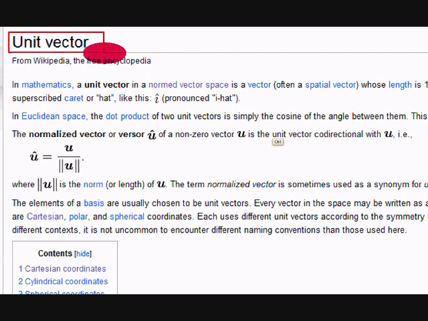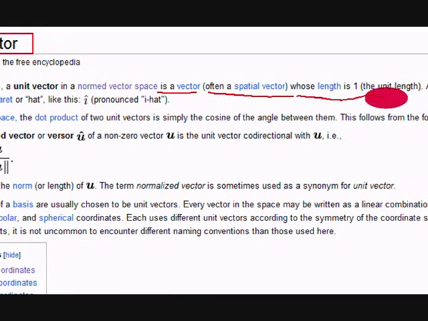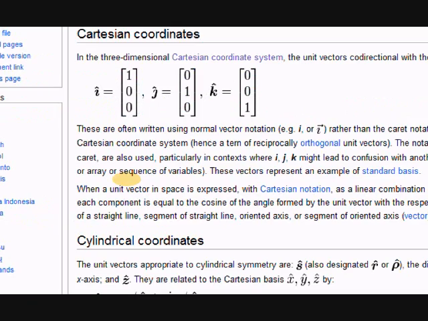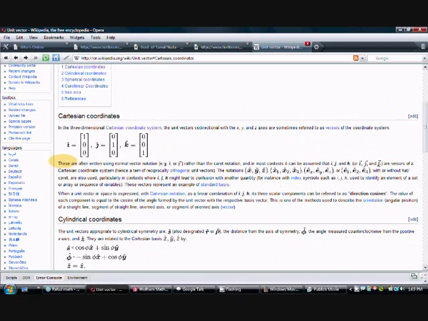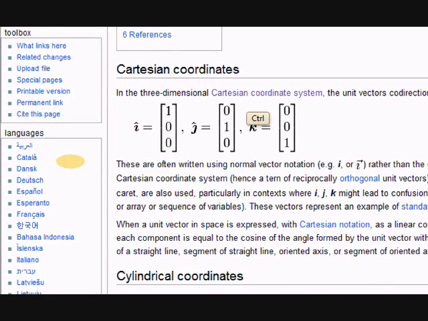A unit vector is a vector whose length is 1. The length of the unit vector is 1. Often the unit vectors are represented as i, j, k. Since they are unit vectors, they have a cap, but they won't be represented with a hat. Instead, we directly use a vector symbol.